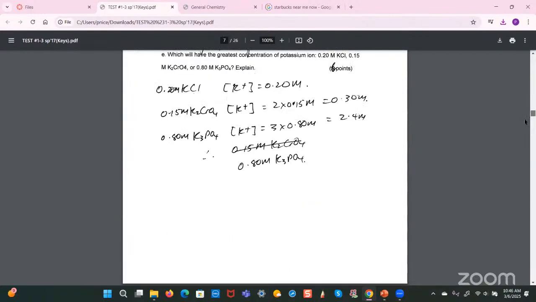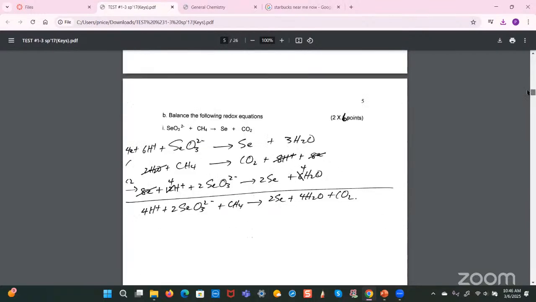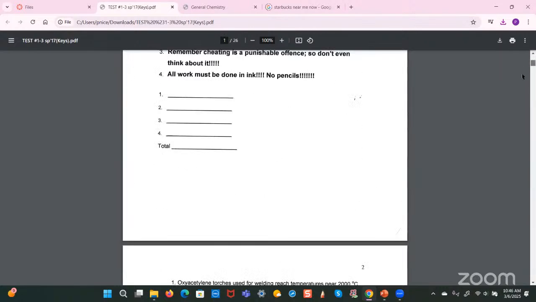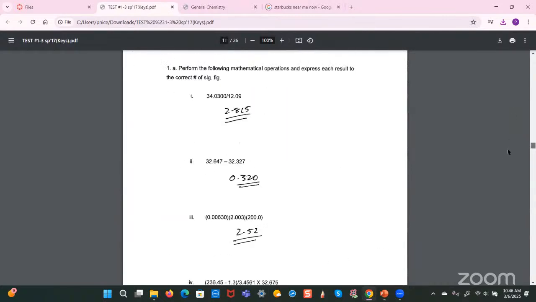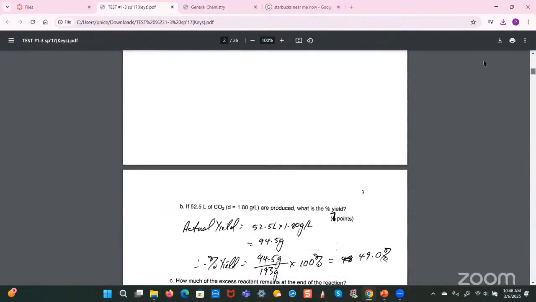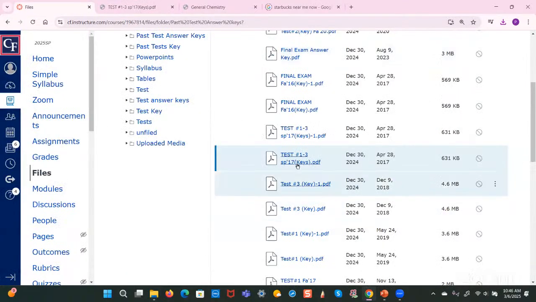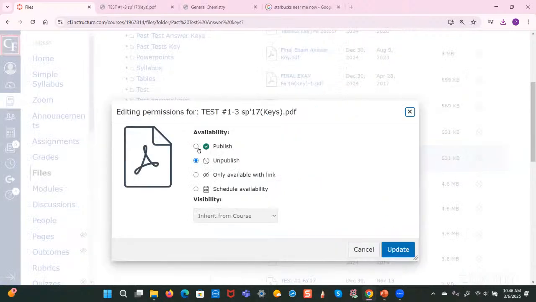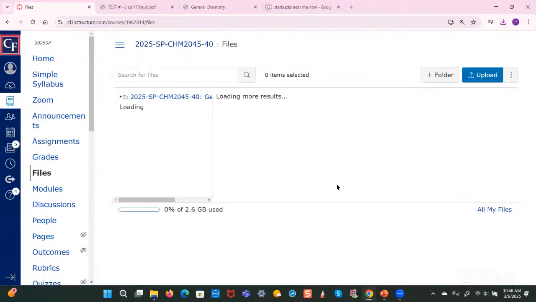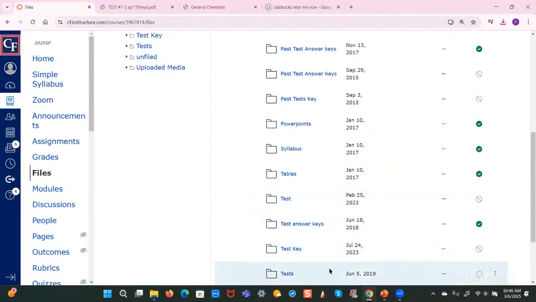Okay, so this one seems to have. Okay, so I'm going to publish this here. This is basically test 1 through 3. So you can look at it and identify those topics that the next steps will go. And let me make sure I publish that, because sometimes I forget to do that. Okay, so it's there. Thank you. All right.